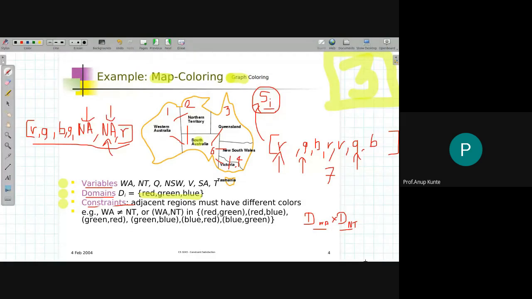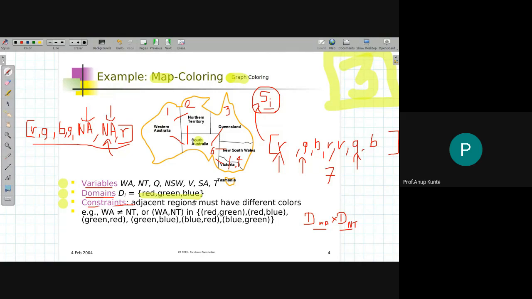So I'll remove red red, green green, blue blue. Those tuples I'll be removing, and the remaining tuples I can keep because they satisfy the constraint. So the constraint can be represented in either a negative sense or a positive sense. Either way, I can look at the valid possible colors. What are the valid possible combinations to color Western Australia and NT, the Northern Territory?